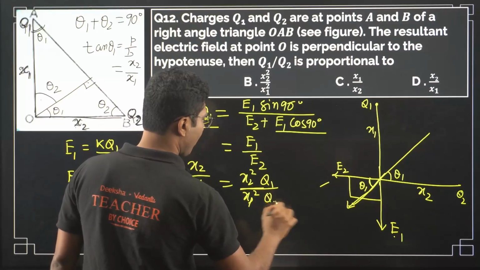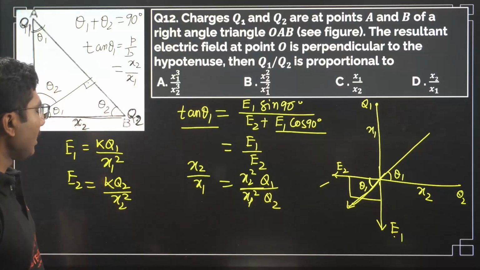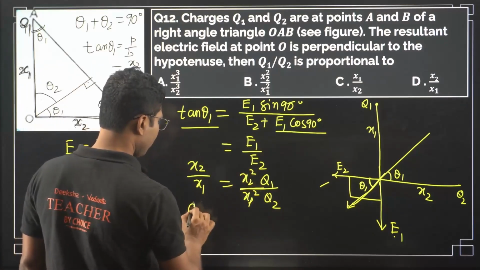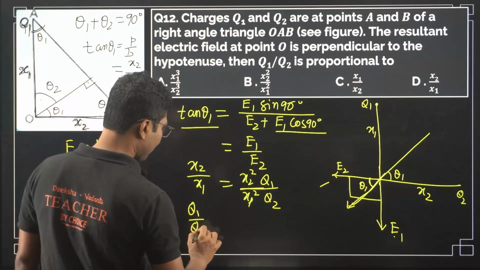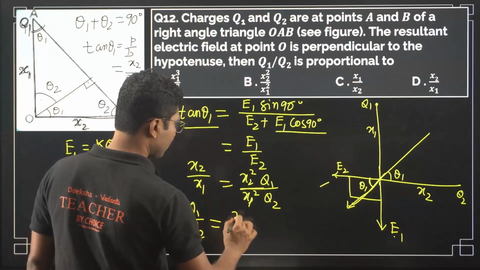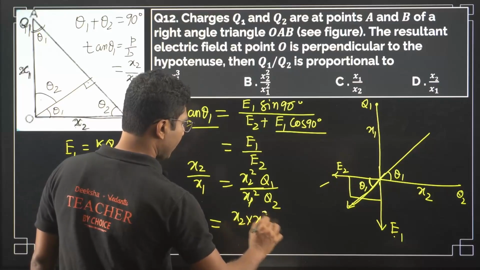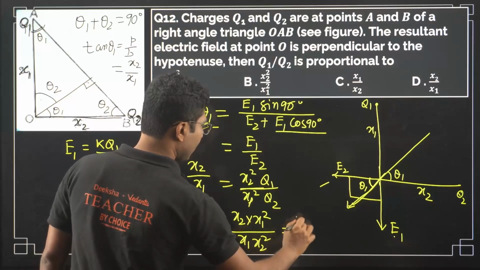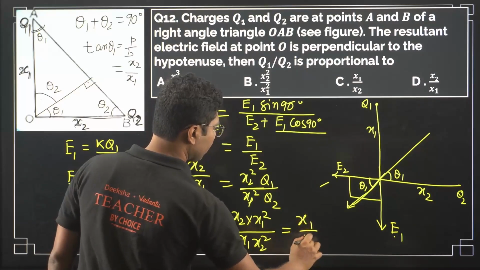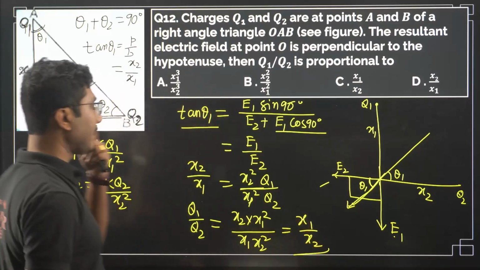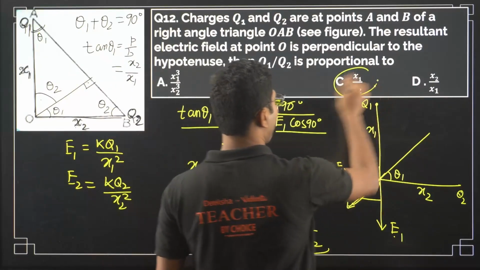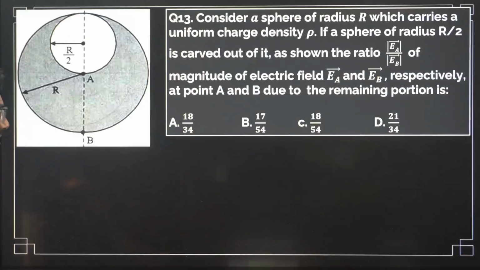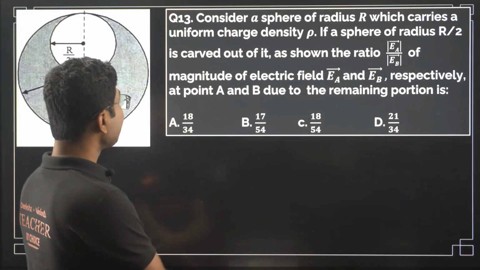We are trying to find x1 by x2, right? So q1 by q2 is x2 into x1 square by x1 into x2 square, that is x1 by x2. So it will be x1 by x2. This is the correct answer. Little tricky but solvable. Next question.